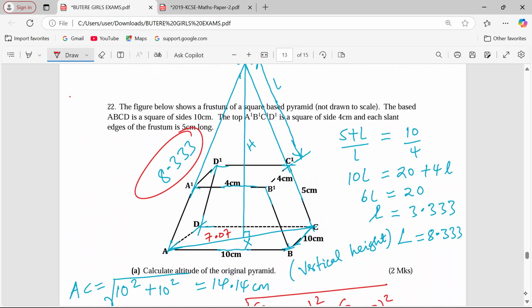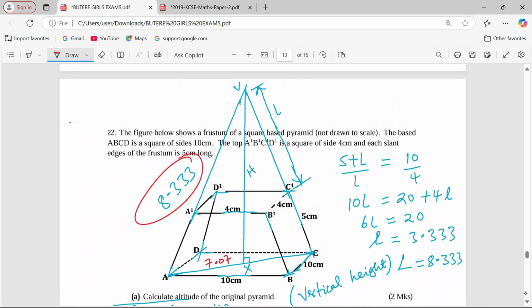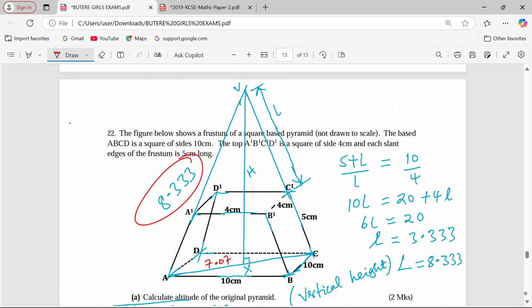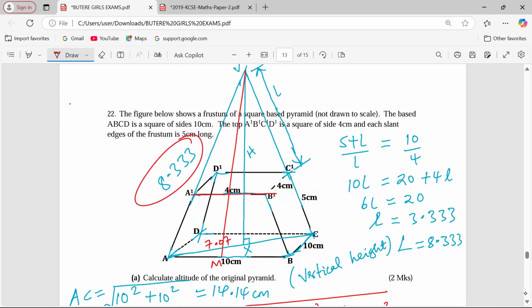So for the slanting edges, we need to come up with the height first. So out here we will have from V to a point here, which you can call M. We need to get that length, whereby we can use 8.33, and from A to M, we have 5 centimeters, since I'm dividing 10 by 2.